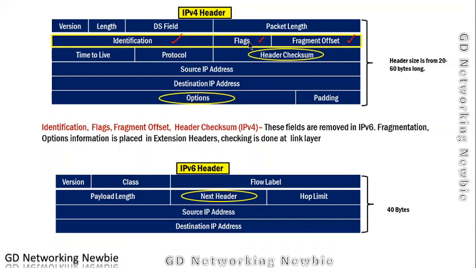We fragment the data and then we need some information to reassemble it. But all these have been removed in IPv6, and the fragmentation information is placed in extension headers. Also, the header checksum field has been removed in IPv6, and checking in IPv6 is done at the link layer. So the header checksum has also been removed in IPv6.